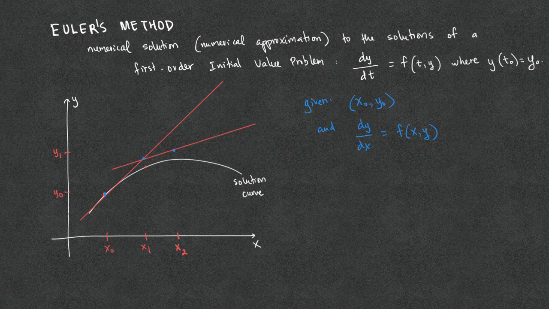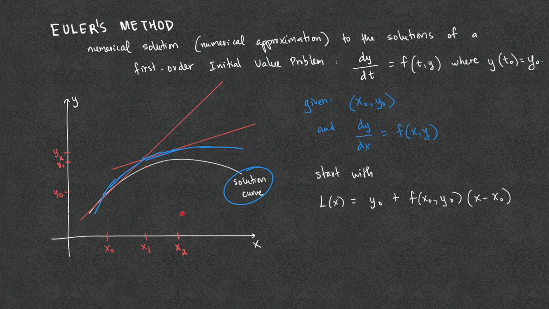These points form a curve that estimates the solution curve. Obviously, the more points we use, the better the estimate. Also, the smaller the delta x, the better the estimate. The smaller the delta x, the smaller the error.